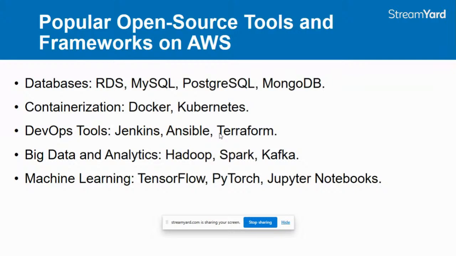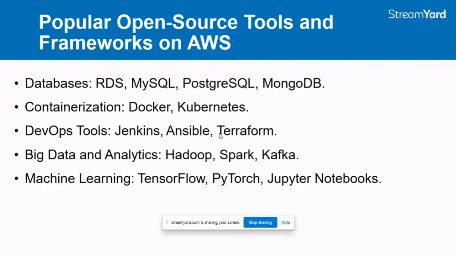Now let's talk about some popular open source tools which are available in AWS. When we are creating applications where we need to use databases, there are a couple of services available in AWS. We have RDS, which refers to Relational Database Service.